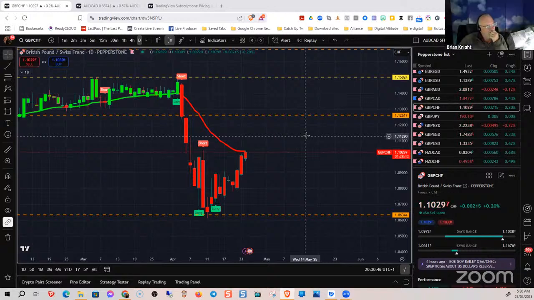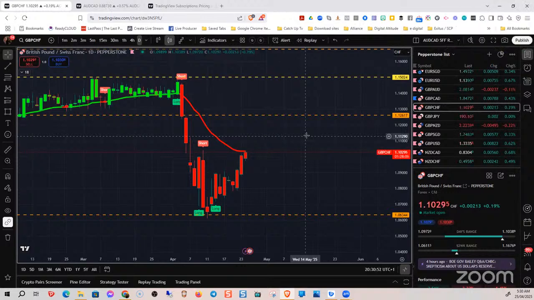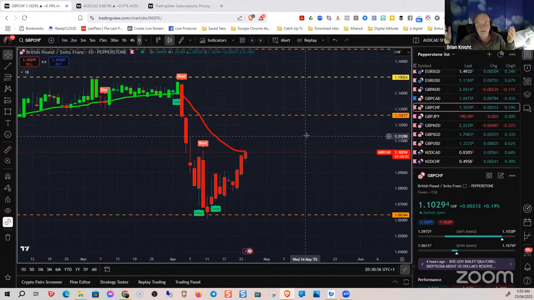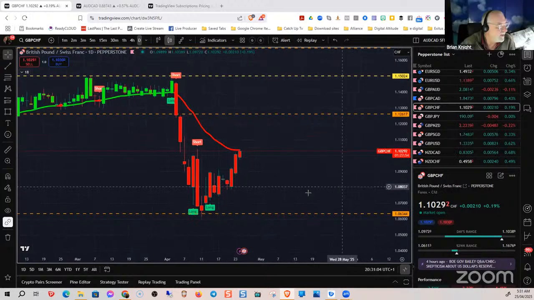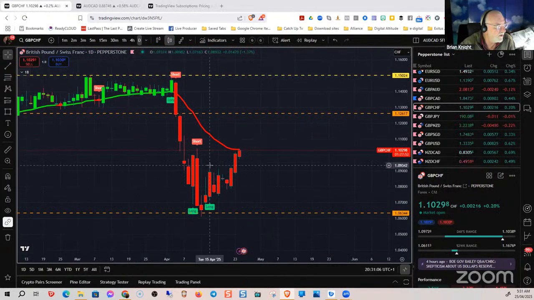Yeah, an opportunity to trade it back to the trend line. I don't want to be leaving Tom on the sidewalk wondering what to do.